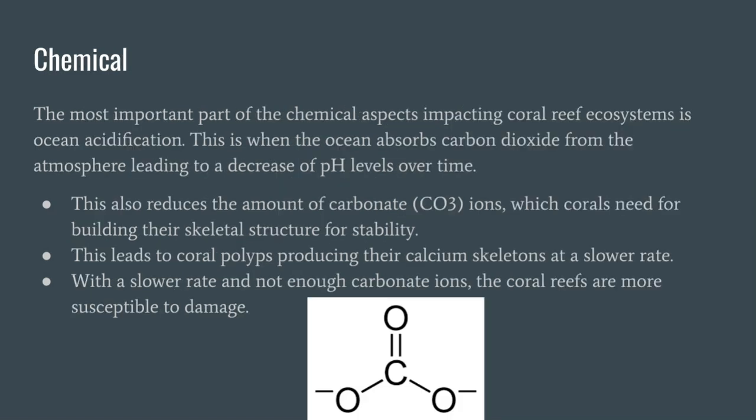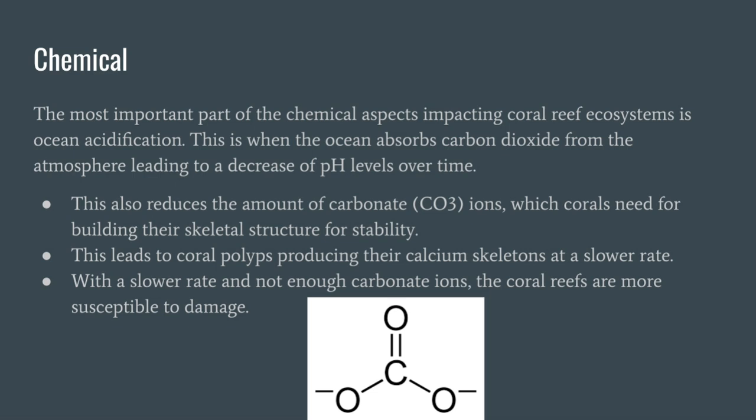For the chemical subdiscipline, the most important, I would say, part of the chemical aspects would be ocean acidification. This is when the ocean absorbs carbon dioxide from the atmosphere, leading to a decrease of pH levels over time. This also reduces the amount of carbonate ions which corals need for building their skeletal structure for stability.